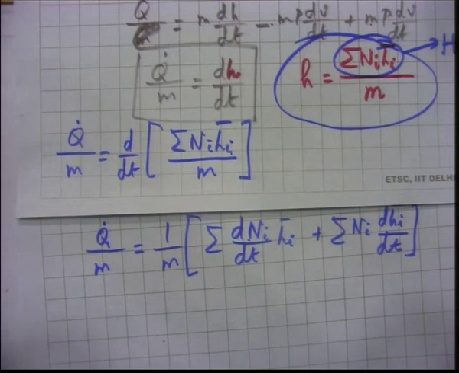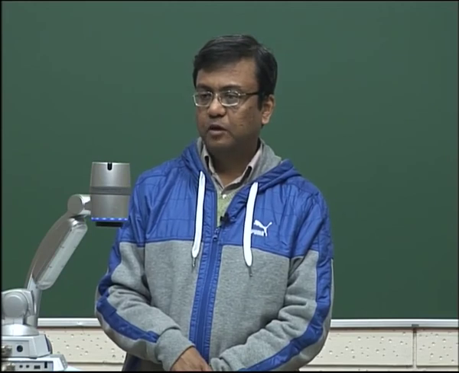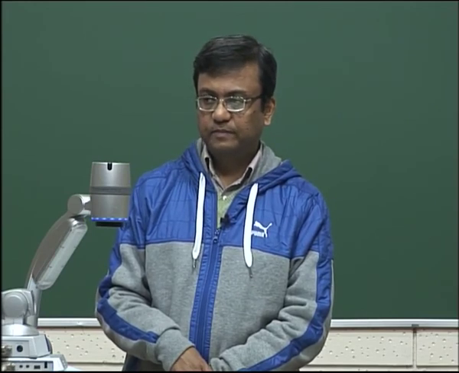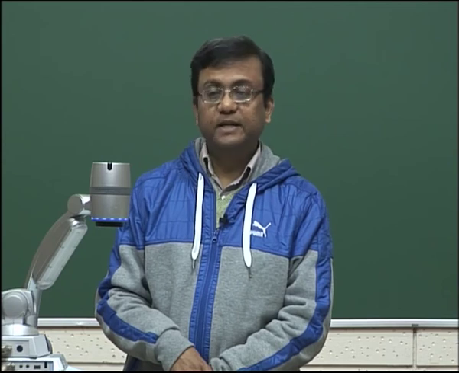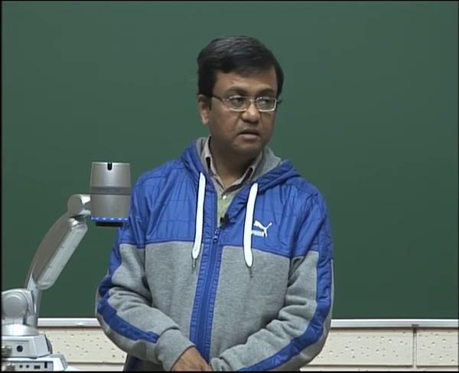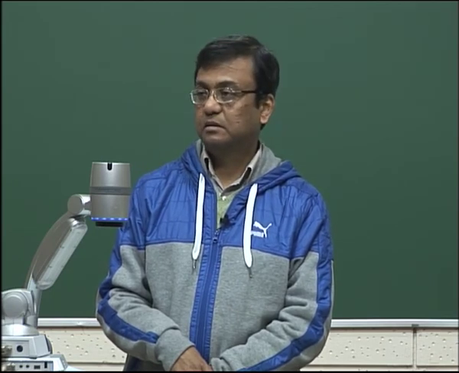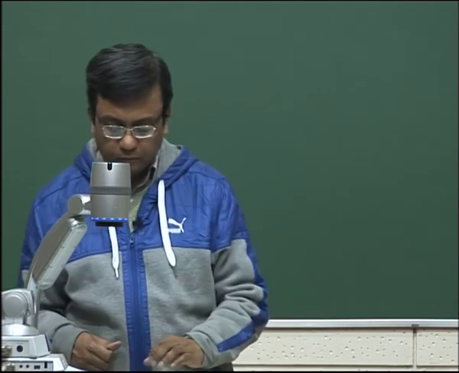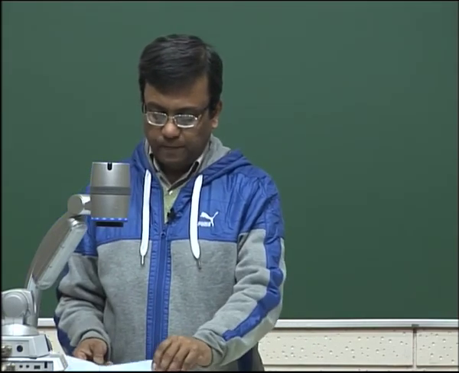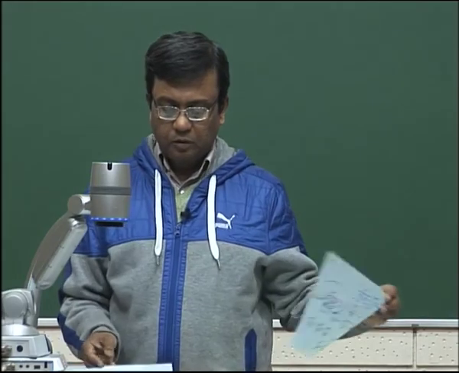Yeah. So, we can bring in the fact that this is an ideal gas system. This is a gaseous system that we are considering. We will assume this to be an ideal gas system, and then for ideal gas h_i is only a function of temperature. Okay. So, let's go to this again.